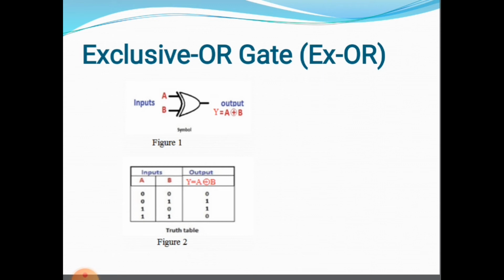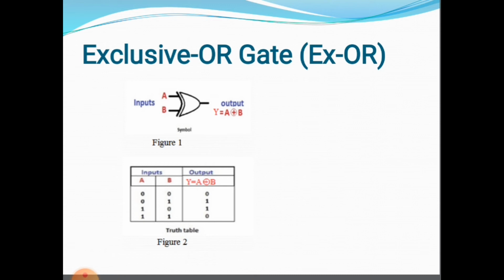Exclusive OR operation is most widely used in digital circuits. Figure 1 shows the logical symbol for a XOR gate, and figure 2 shows the truth table for a XOR gate. The exclusive OR operation is not a basic logic operation and can be performed with the basic gates AND, OR, NOT and universal gates NAND and NOR.